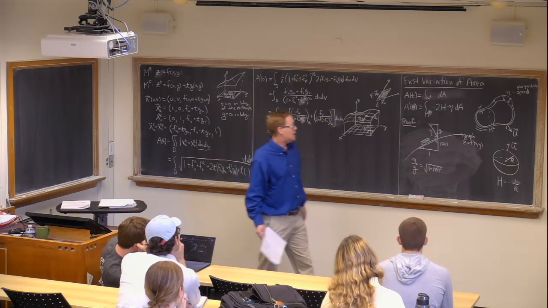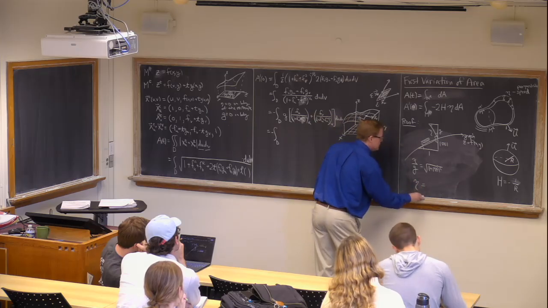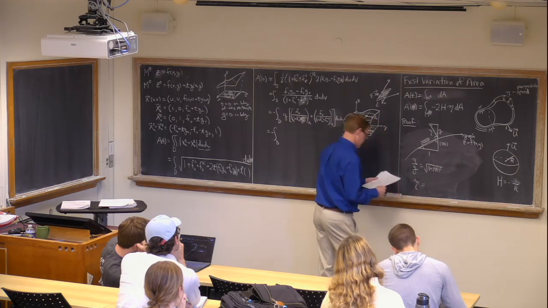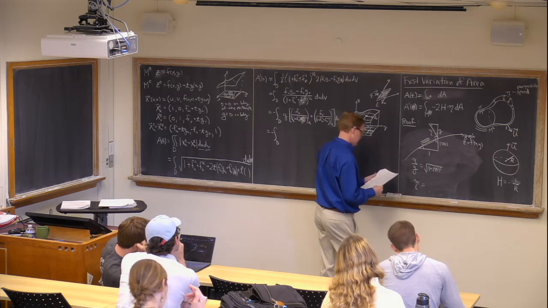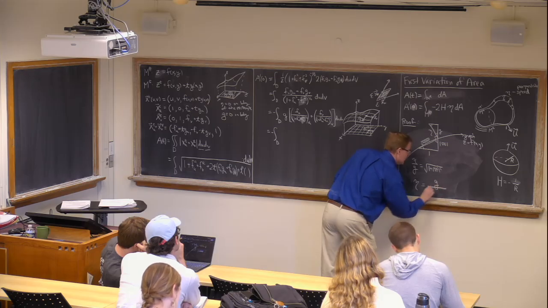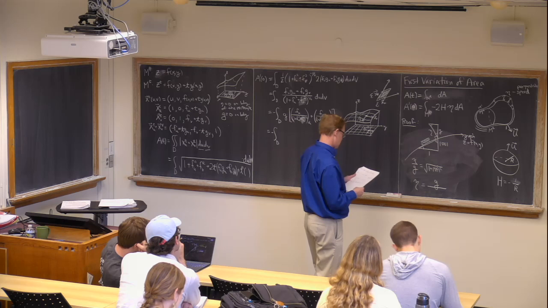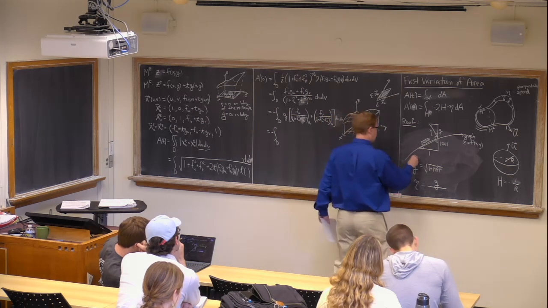More generally, eta is equal to g divided by, whoops, there's a mistake in my notes here, sorry.